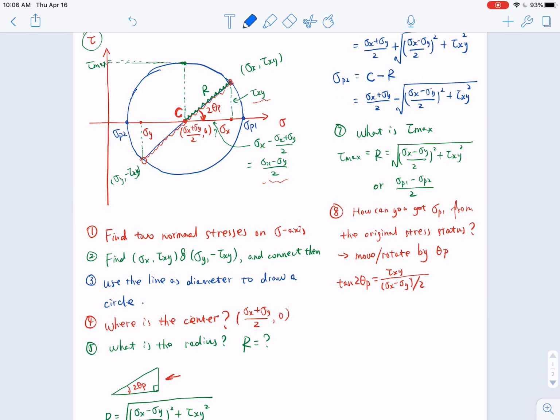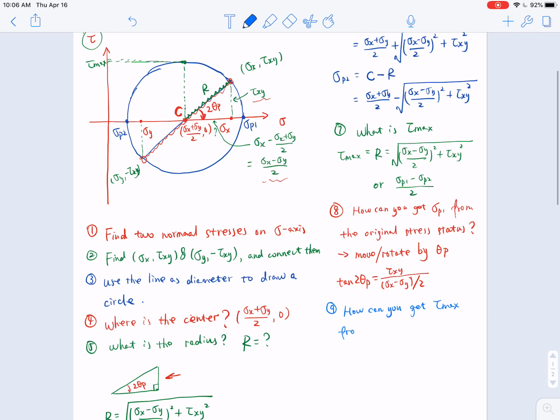Okay, the last step: how can you get tau max from the original status?